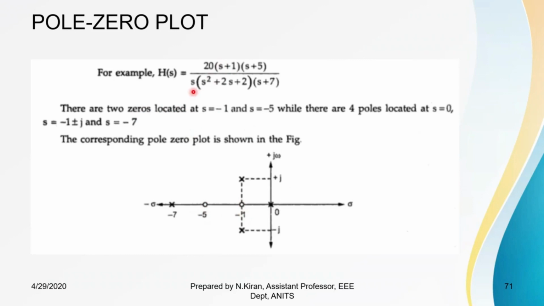Poles are 0 and minus 7. If I take the roots of this quadratic equation, I will get minus 1 plus or minus j. Poles are represented by a cross. So at 0 I have one pole, at minus 7 I have one pole, and next minus 1 plus or minus j. Minus 1 plus j is one pole, minus 1 minus j is another pole. So this is how we plot poles and zeros in an S plane.